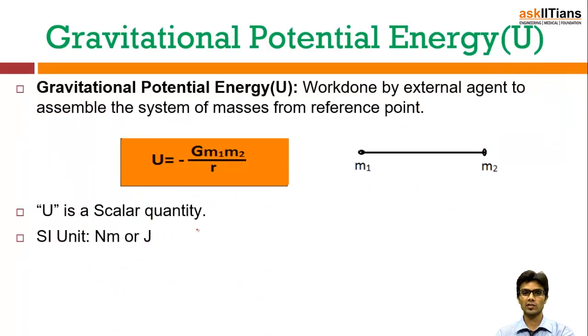Now gravitational potential energy, denoted as U, can be defined as the work done by an external agent to assemble the system of masses from a reference point.